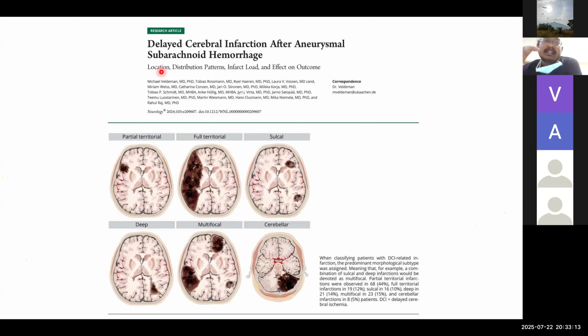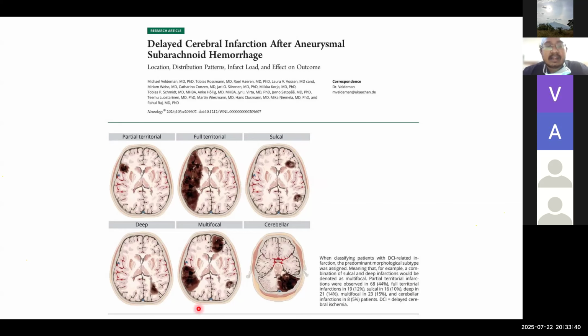So this paper has seen the distribution of infarcts among patients who had delayed cerebral ischemia infarction after aneurysmal SAH. What they found is it is not uniform. It is not always territorial. It is sometimes partial territorial, full territorial, I mean, the vascular territorial.